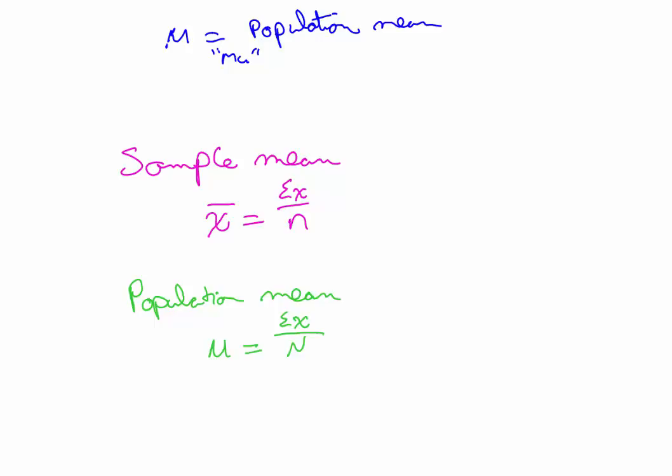Notice there is really no difference in the calculation of these. It is just the nomenclature and the symbols that are used to identify what it is. And these are extremely important when we're discussing this. So make sure that you know your symbols and what they actually mean. If you have questions on the mean, I will be glad to answer them.